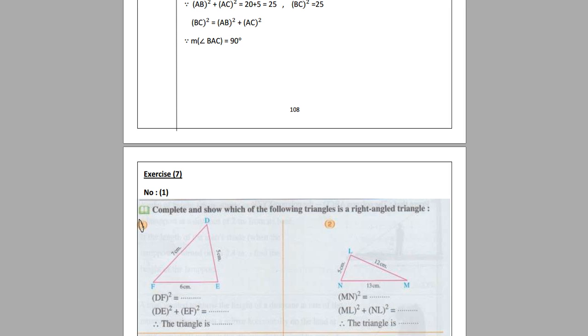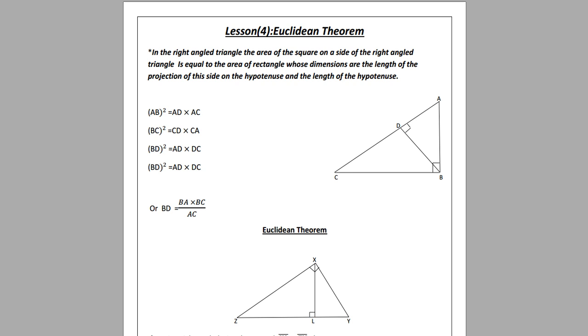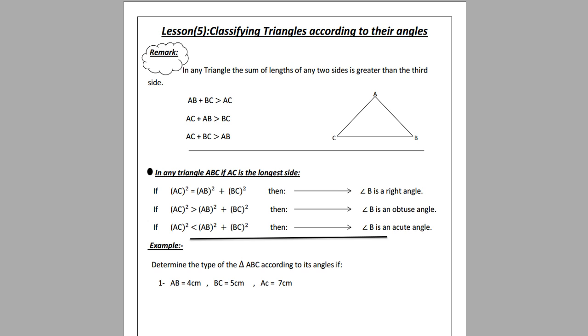So let's go to another important lesson. Classifying triangles according to their angles. In any triangle, and we already know this, the sum of two side lengths is bigger than the third.